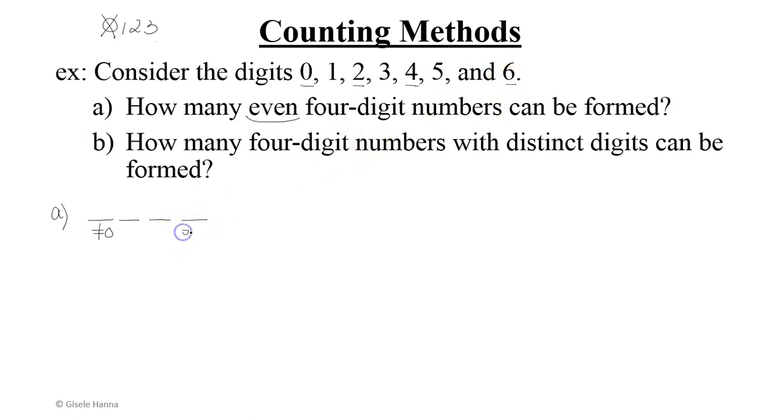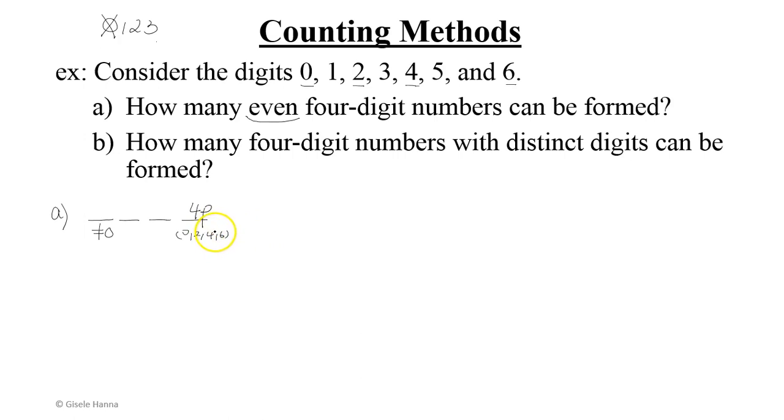So the last digit should be 0, 2, 4, or 6. How many possibilities do I have for the last digit? Remember, always start from your restrictions. My restriction here is that the number has to be even, so I start with the last digit. I have 4 possibilities for the last digit.